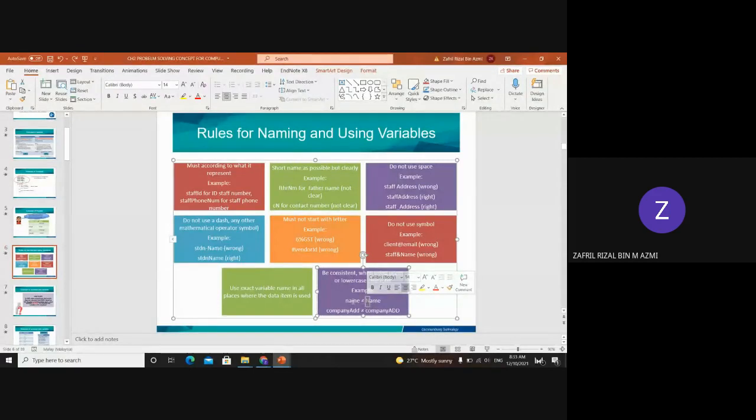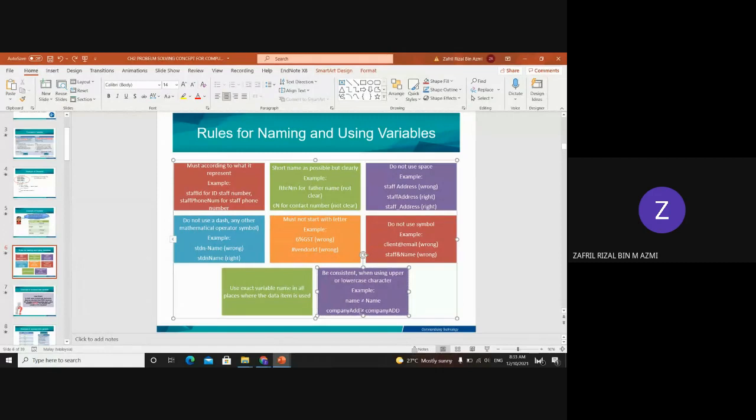So wrong. The compiler will detect these as two different variables because they are not the same. So you must be consistent.